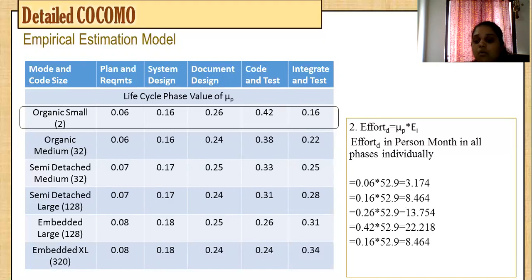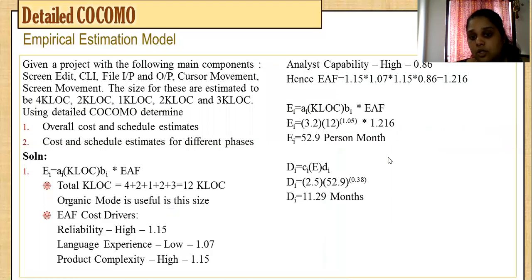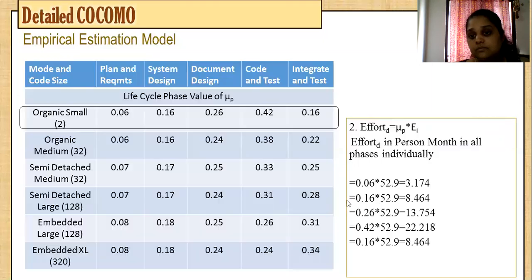The same thing will go on for development time. For development time, you have the same table with tau P, that is your development time duration. So again, we are using the organic small sized COCOMO model. Okay, so tau P into DI. Now your DI is nothing but your development time using intermediate COCOMO, that is 11.29.